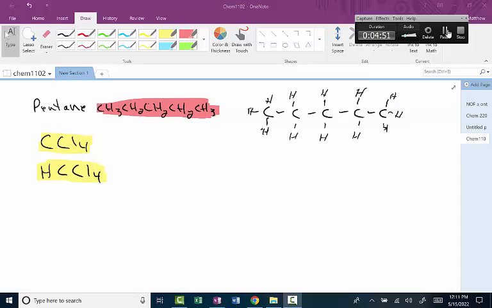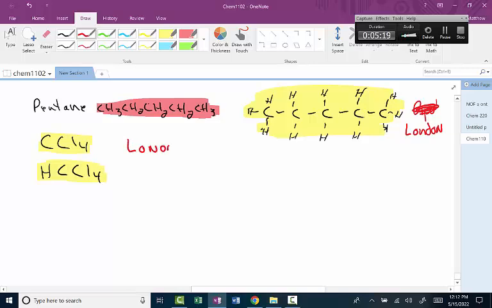And we know from previous sections that this is almost completely nonpolar. And so this compound is completely nonpolar, so it only has London forces. Well, carbon tetrachloride has London, and that's it. Remember, this is three-dimensional: C, Cl, Cl, Cl, and one back here, and they cancel.